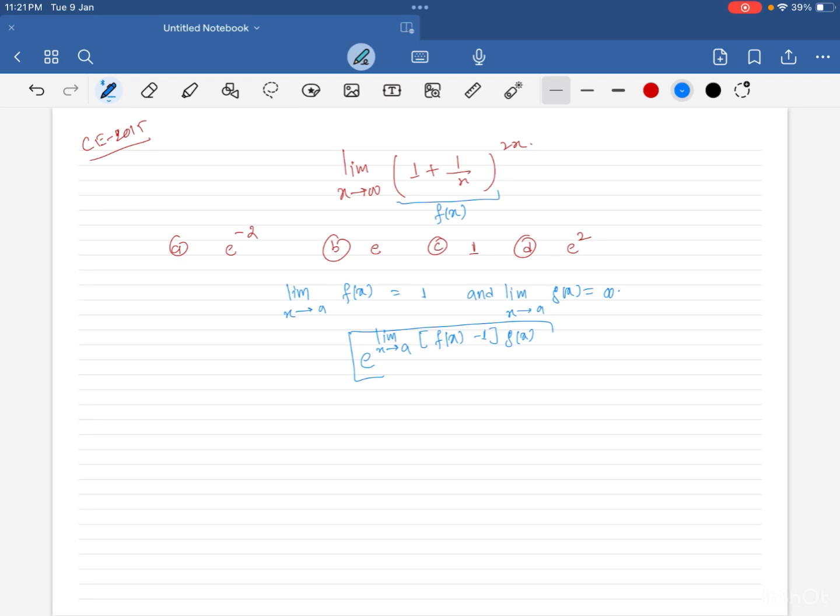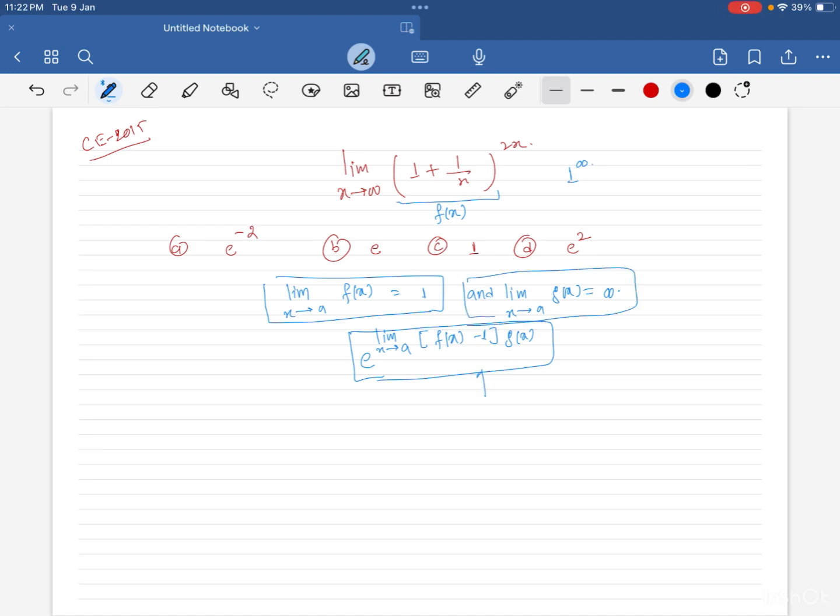You can use this one if it has the form of 1 to the power infinity, an indeterminate form, where the limit as x tends to a of f(x) is 1, and the limit as x tends to a of g(x) is infinity.